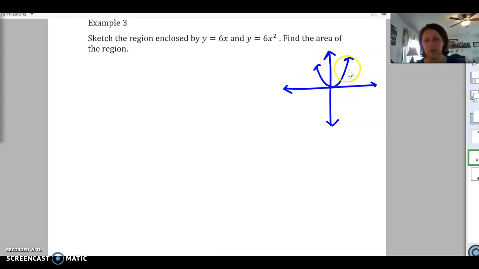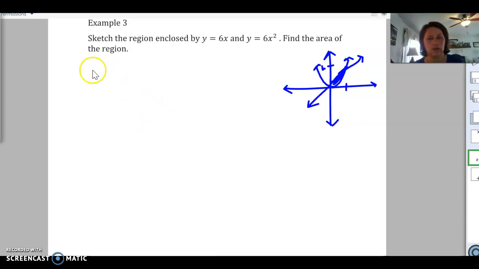And then we have the equation y equals 6x. They meet right here at 1 and 6. And then we are trying to find the area between all of that.